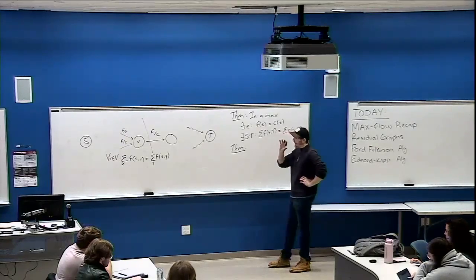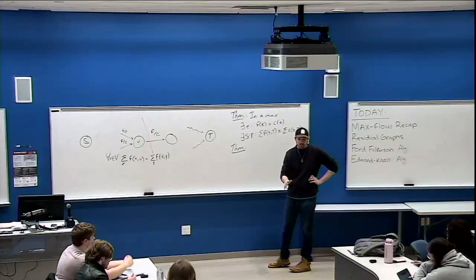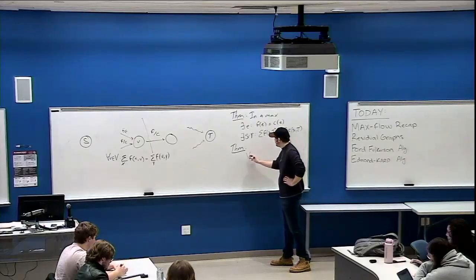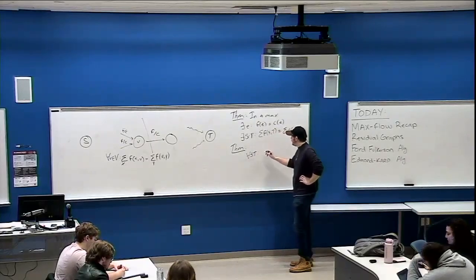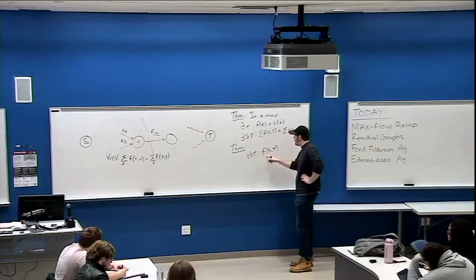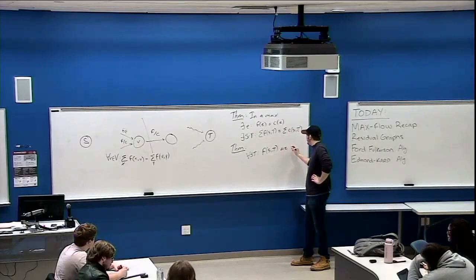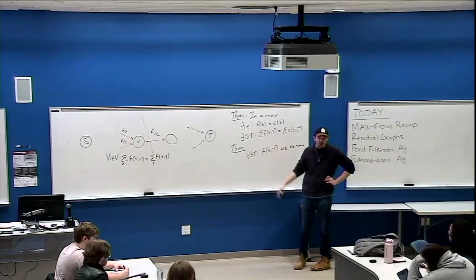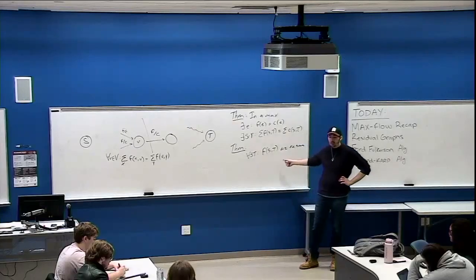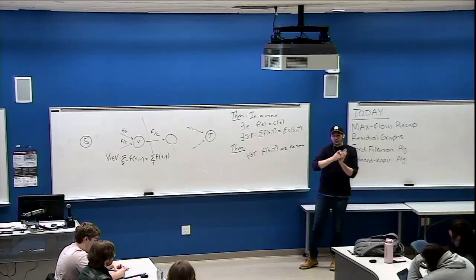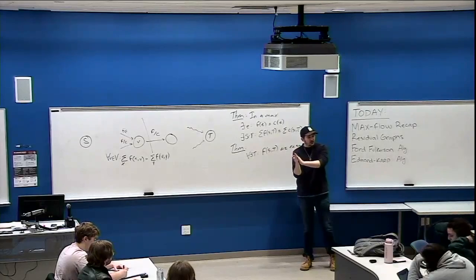So for every ST cut, we have that the flow from S to T are all the same. So I'm saying that every single one of these ST cuts I would take has the same amount of flow going from the S side to the T side.